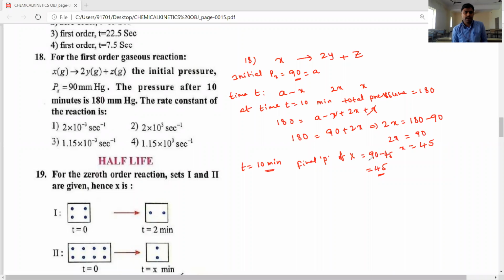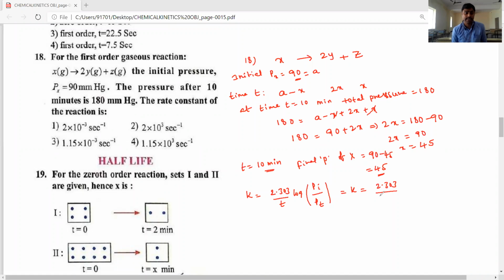Now for this equation, we have to find out the rate constant. It is a first order reaction, so the rate constant K is equal to 2.303 by t into log of initial pressure by final pressure at time t of the reactant.